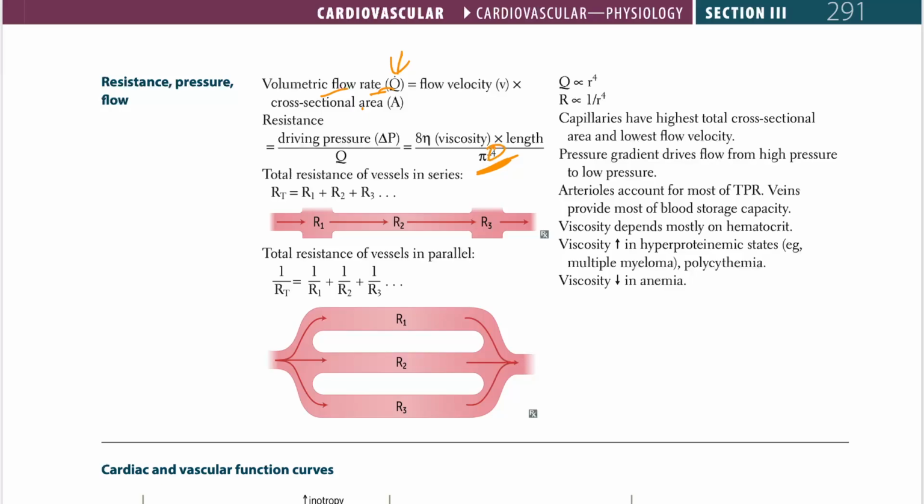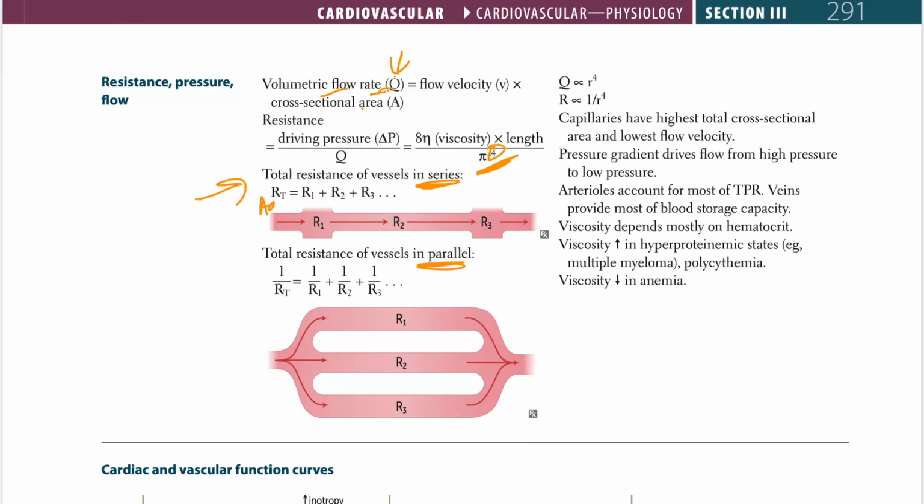Okay, total resistance of vessels in series and in parallel. So what's the difference between series and parallel? In series, if you look here, RT, which is total resistance, equals R1 plus R2 plus R3.